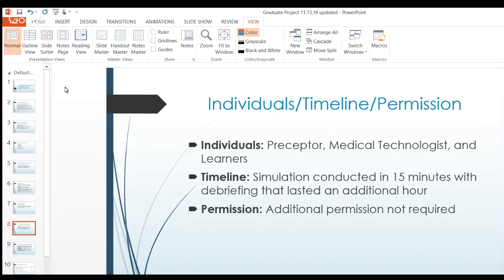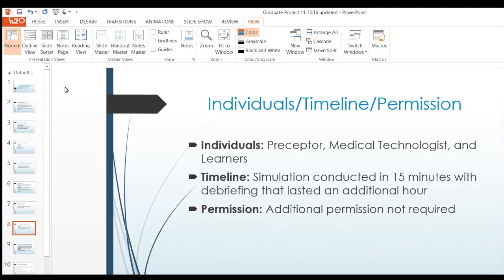Again, Shirley knew of the septic shock scenario, but that really didn't meet the criteria of a learning gap for us, as nurses typically can identify septic shock.